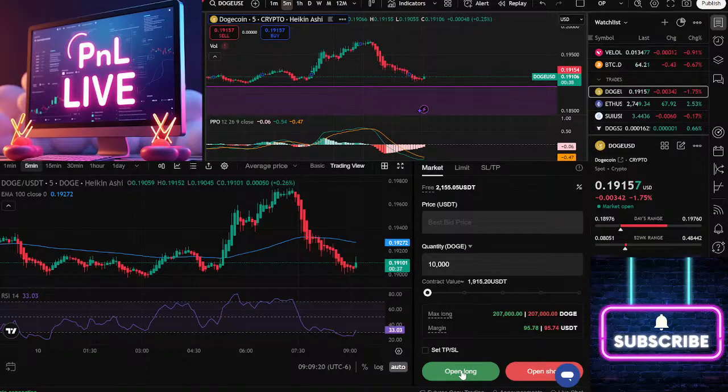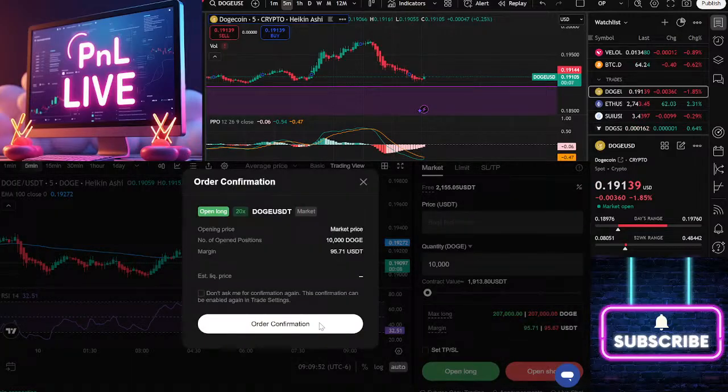If we can just push through that exponential moving average, I feel a lot more confident than tiptoeing around it like the last time we fell through it. But looks like we're about to get some pretty strong volume in now. And we're going to go ahead and place our long position.